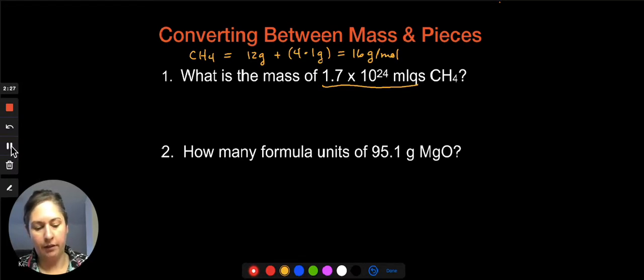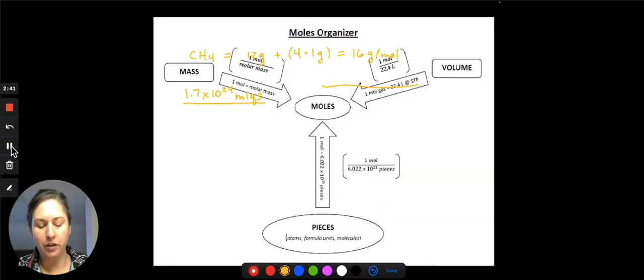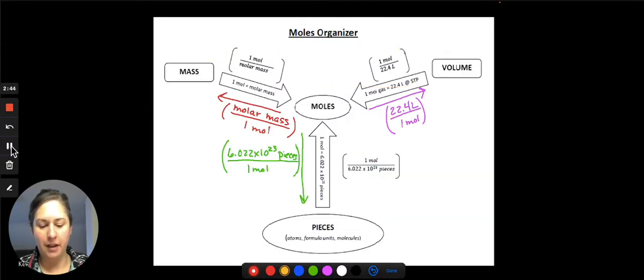We have 1.7 times 10 to the 24th molecules. And you might go, well, wait a minute, we can't use molar mass yet. No, we can't.